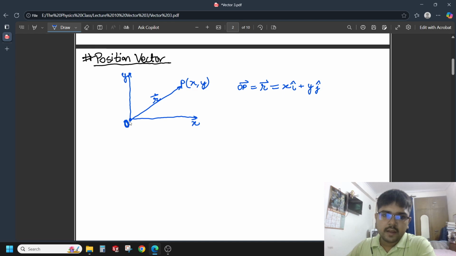So we have OP as the position vector of point P. So point P has a vector corresponding to it, OP vector, which is equal to R vector, equal to x i cap plus y j cap. So this is x, this is Rx, this is Ry.